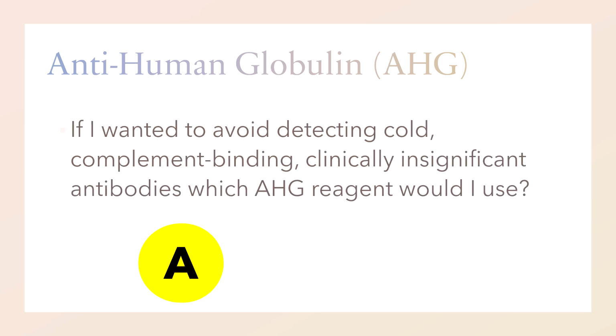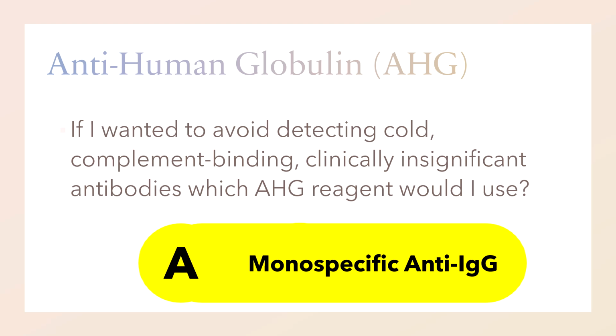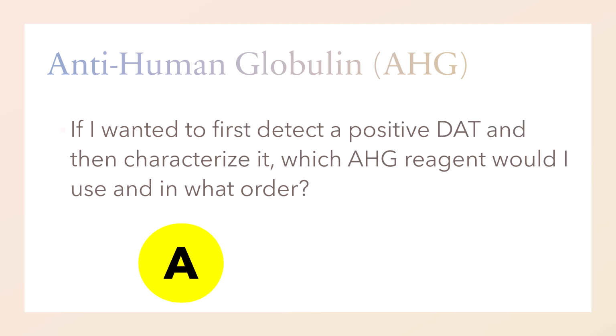If I wanted to avoid detecting cold complement binding clinically insignificant antibodies, which AHG reagent would I use? Monospecific anti-IgG. If I wanted to first detect a positive DAT and then characterize it by the type of substance that's attached to the cells, which AHG reagent would I use and in which order?